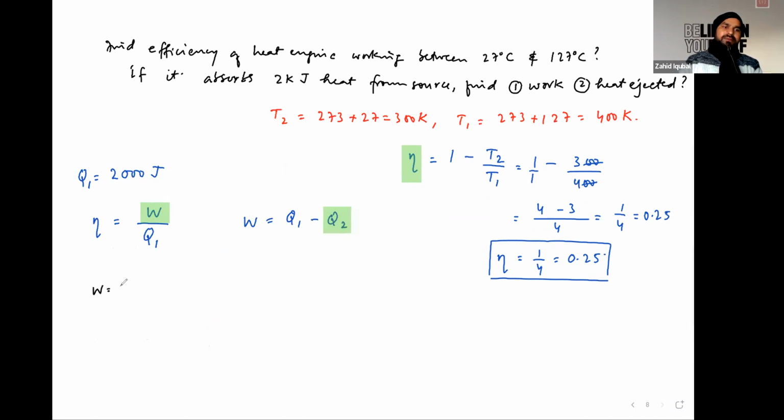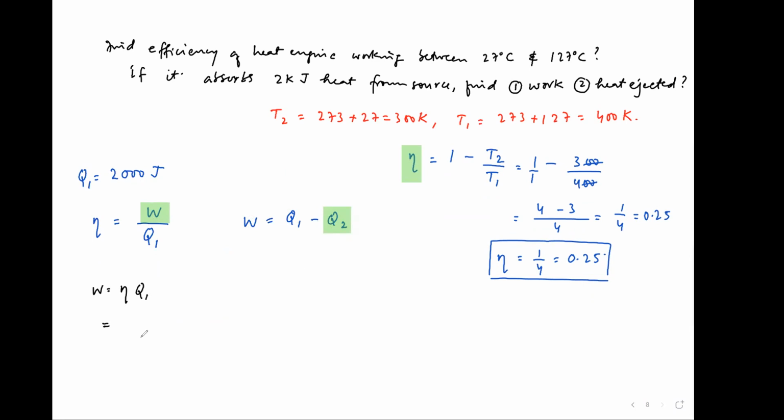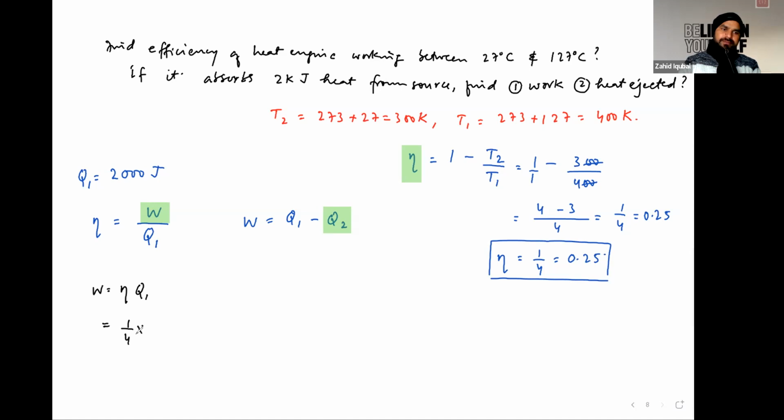Work done from this part will be eta times Q1. Tell me the value of eta we have calculated. 0.25, or just 1 by 4. Okay. Q1 we have 2000. Good.